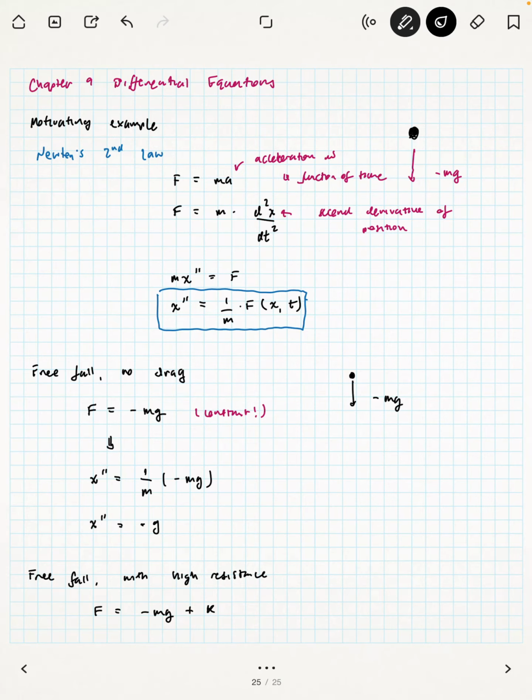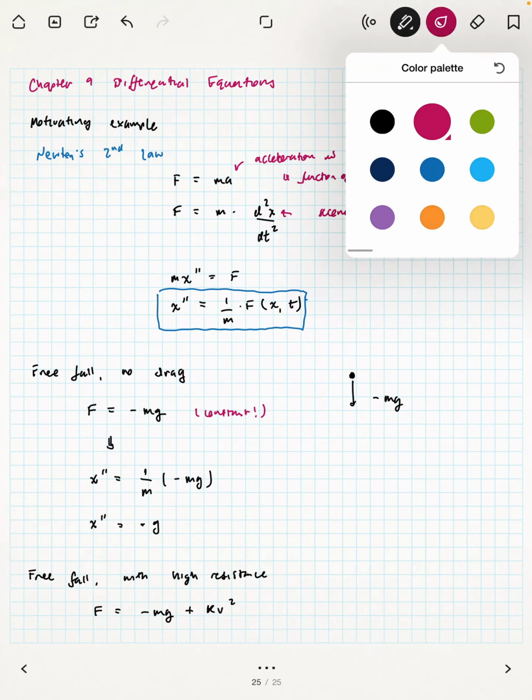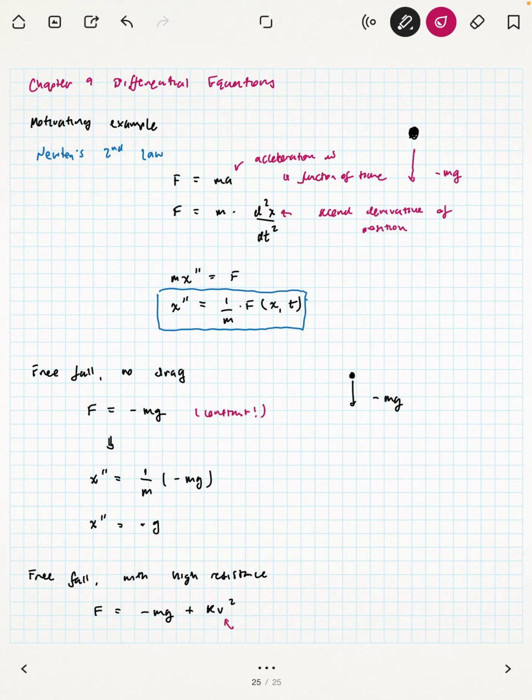Plus k times v squared, where v is velocity, which is x prime, and k is just some drag coefficient, so it is a constant.